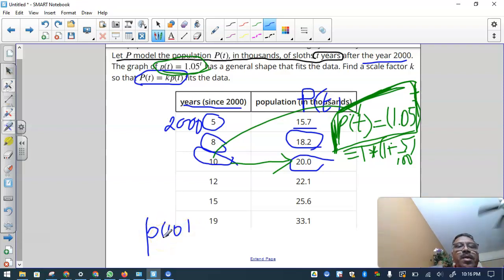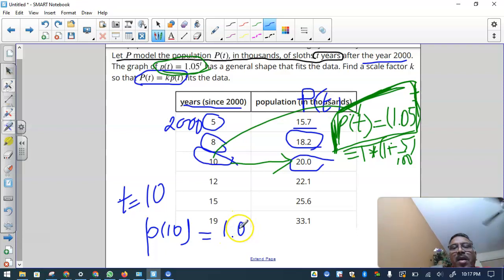I'm replacing t with 10. So p of t will be 1.05 raised to the 10, and we'll see what we get there.